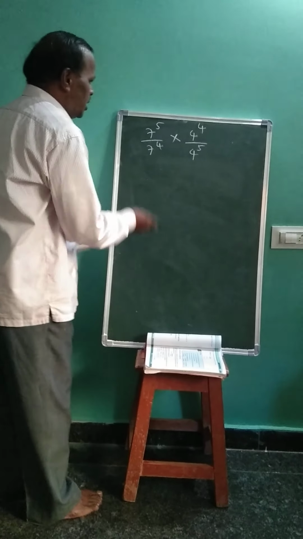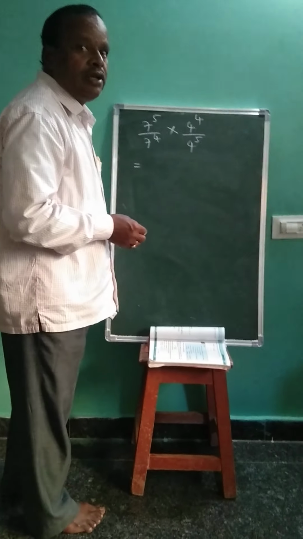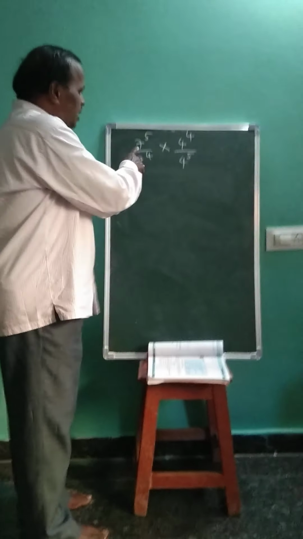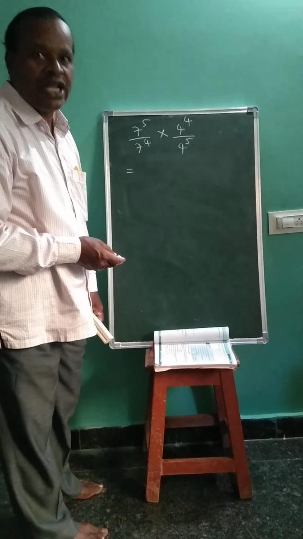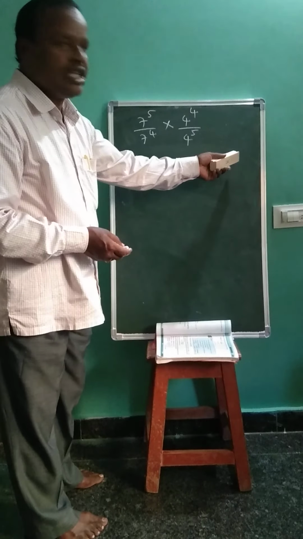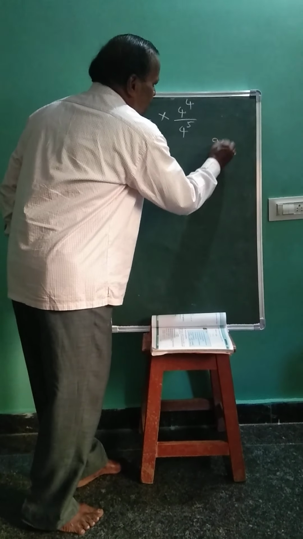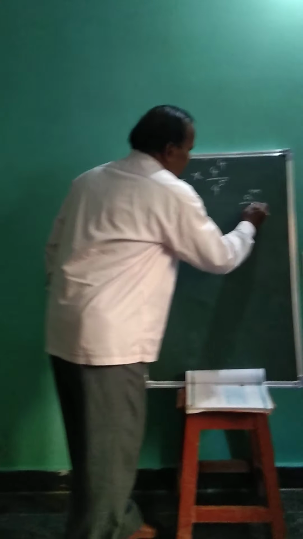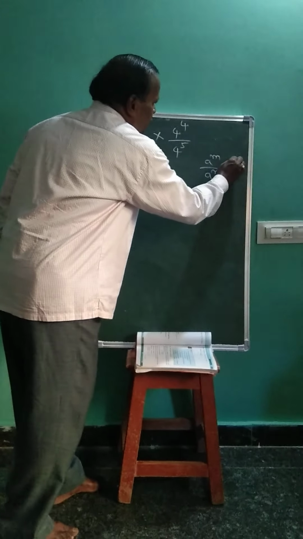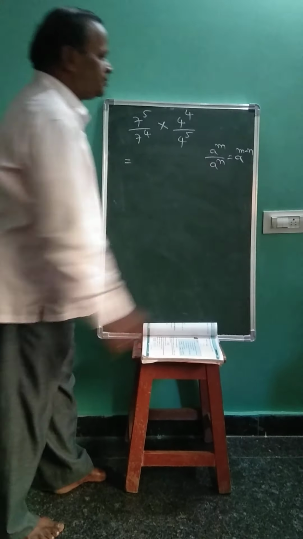So you see here, we have used this property: a power m by a power n is equal to a power m minus n.